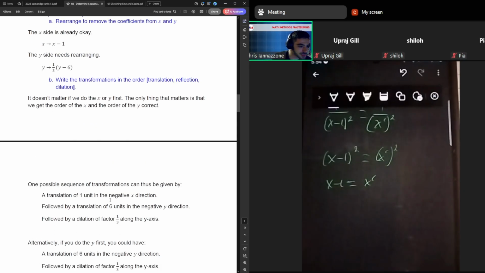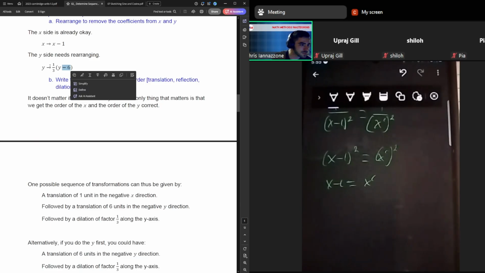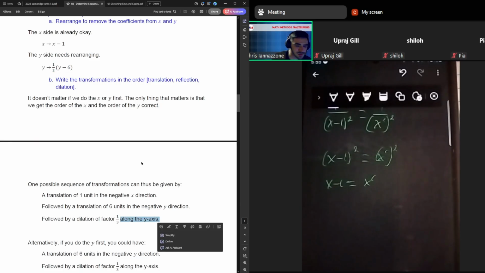So one possibility could be you do your translation of the x first, and then move on to the y. So this would be a translation 1 unit in the negative x, followed by a translation of 6 units in the negative y, followed by a dilation factor of 1/3 along the y, or you can say from the x, whichever you prefer.